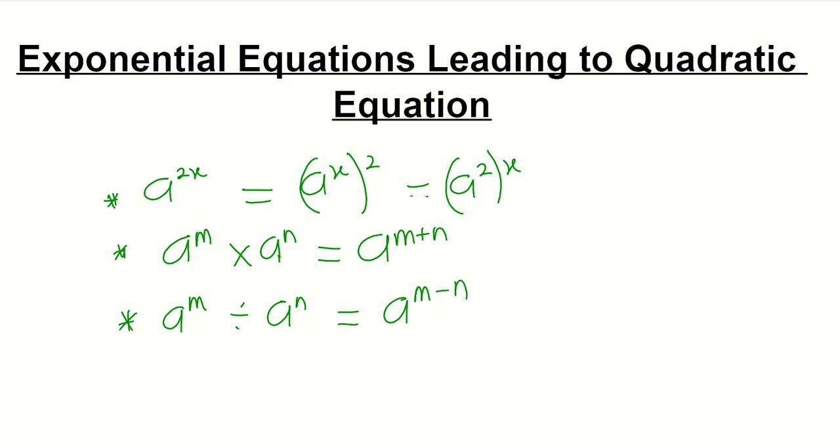And so the vice versa, when I'm given a exponent m minus n, it means that the bases were originally dividing, so we rewrite it as a exponent m divided by a exponent n. This is the basis to exponential equations leading to quadratic equation. If we understand it, our solution is going to be very easy and simple. So let's take our first example and see how we can apply all these things.